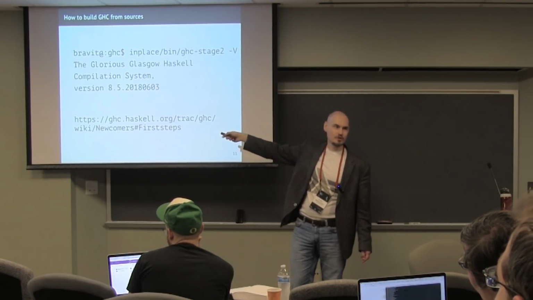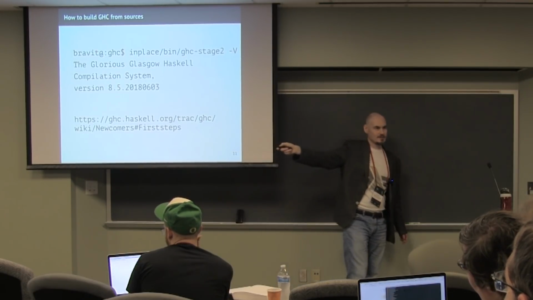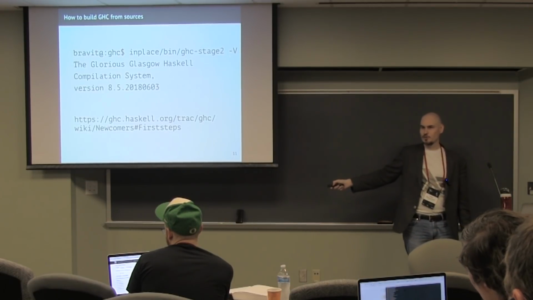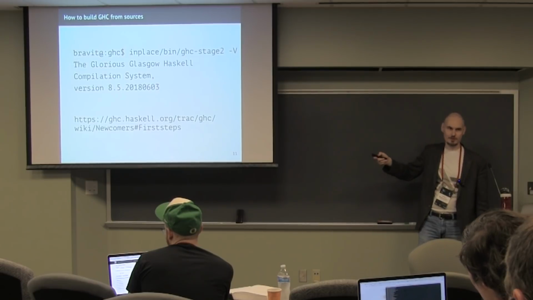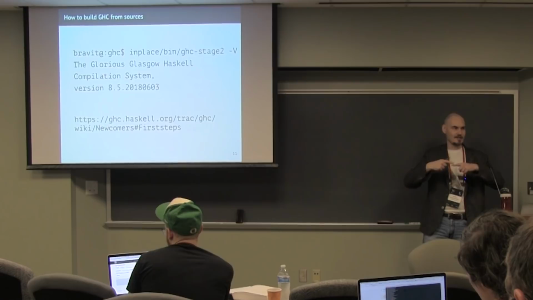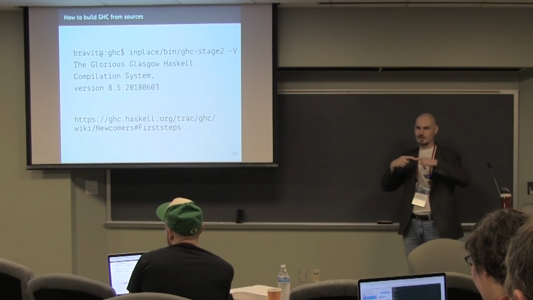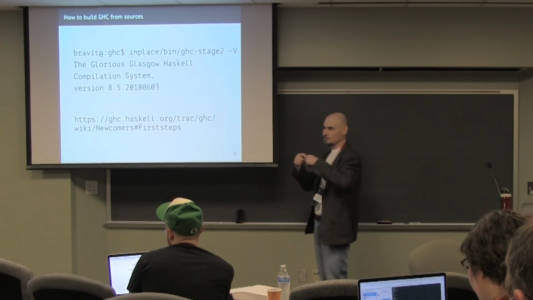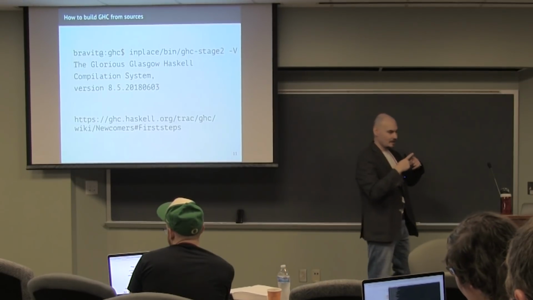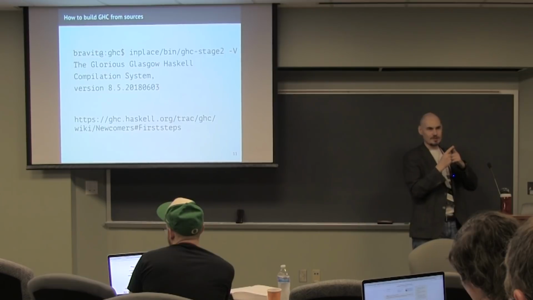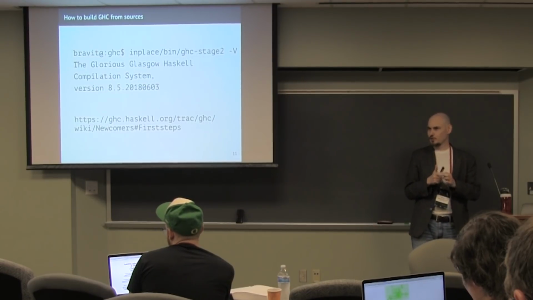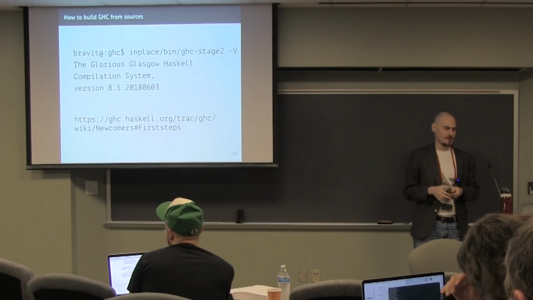It's impossible to get a release of GHC 8.5 or 8.1 or 8.3, because every GHC release has an even number: 8.0, 8.2, 8.4, 8.6 the next release, and that's it. And it's a long-time tradition. So if you can build it on your system, then you can get these odd numbers.